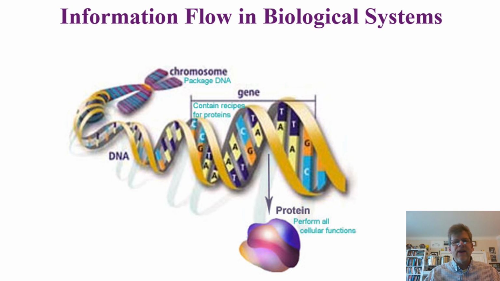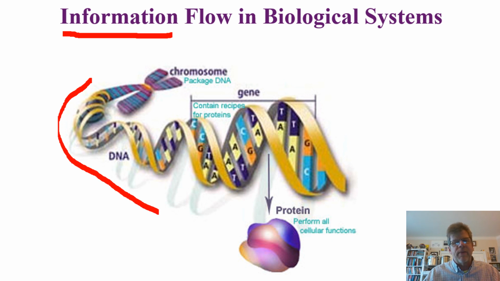So this information, which is contained within DNA, has to flow from the DNA and actually build a protein. Here we have a representation of DNA, which has our information within it. How do we actually synthesize the proteins that are part of that consignment of recipes? Well, if we think of a recipe book, it has all the recipes within it.